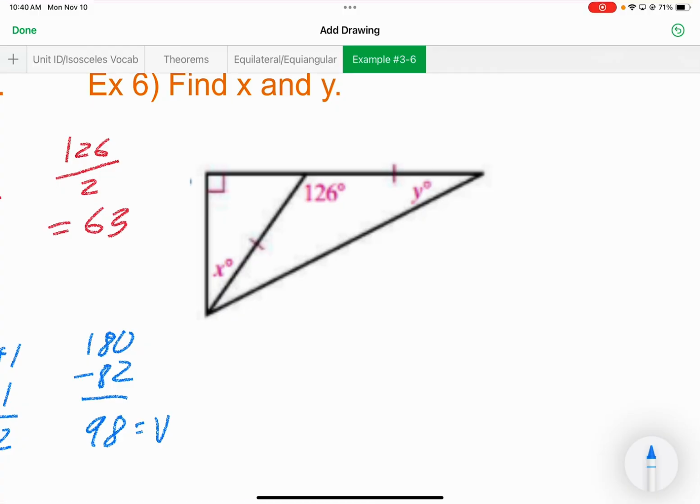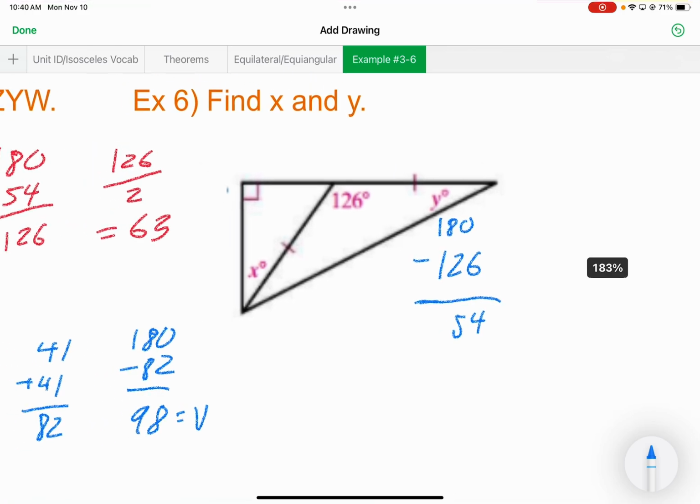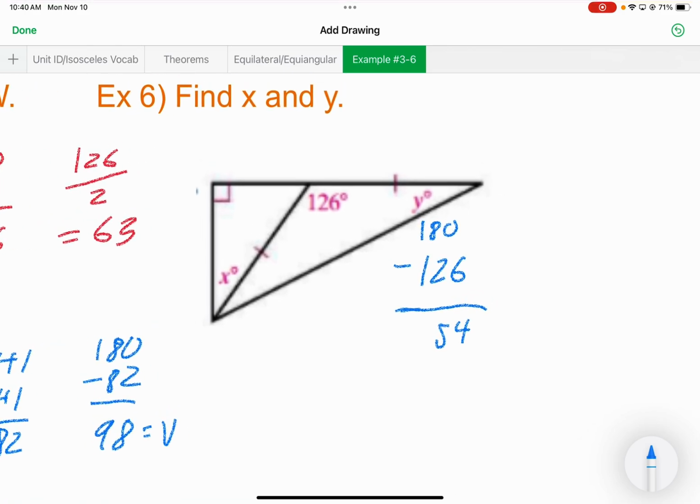You can subtract 126 from 180 and find the value of the angle to the left of 126. Cool. So I get 54. Yeah, and then you can add 54 and 90 to get 144, and then subtract that from 180.